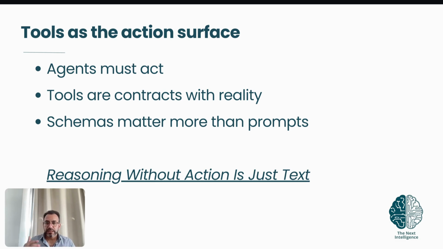Here we see the connection between the agent and its brain and the outside world, between the body with its hands towards the world, and how the agent is able to interact with the world in a well-defined manner. Otherwise, reasoning without action, or the agent without action, is just text. There's nothing happening beyond that.